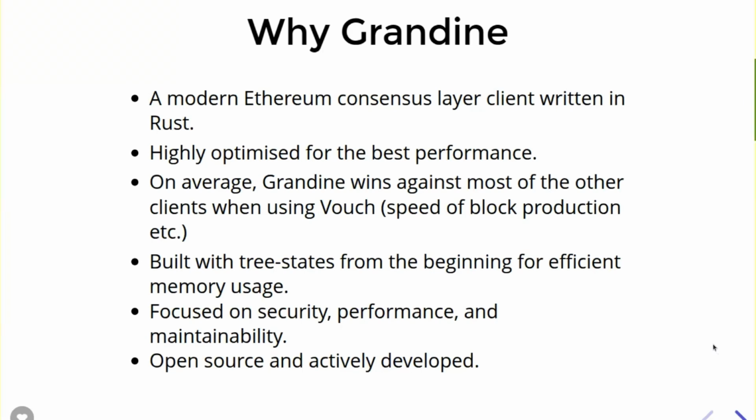The entire code base is smaller, and we have less technical debt in the code base because the client started later in the development of the beacon chain clients, and we don't have that many changes in the code base as the other clients. So the technical debt is better than at least some of the clients.